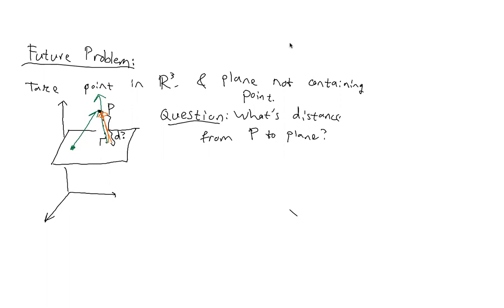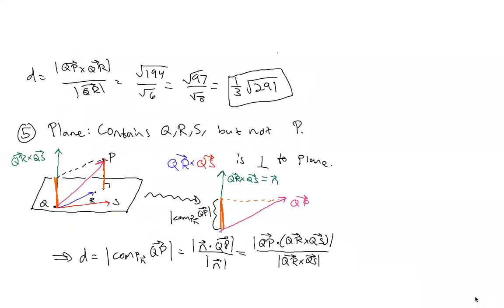But we're not going to do that until next week, when we start talking about equations for lines and planes in three-dimensional space. As an exercise for yourselves, I want you to try doing this with specific points.